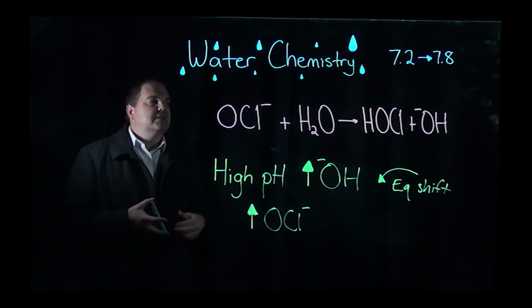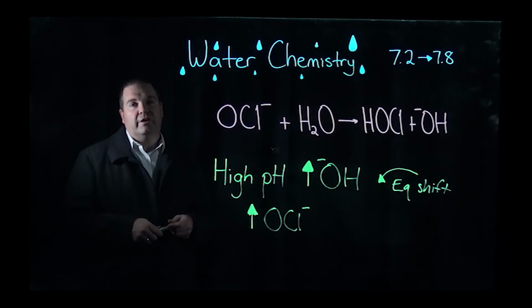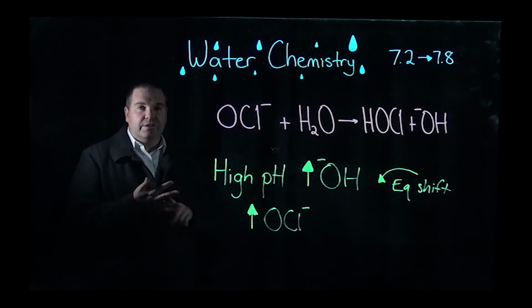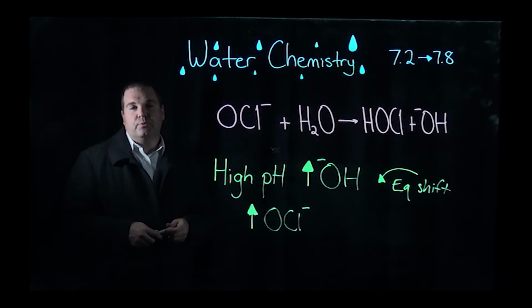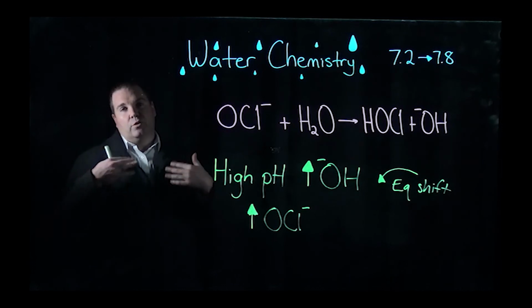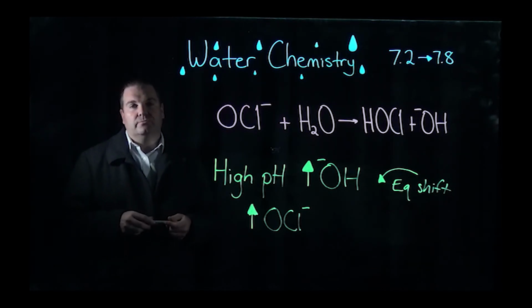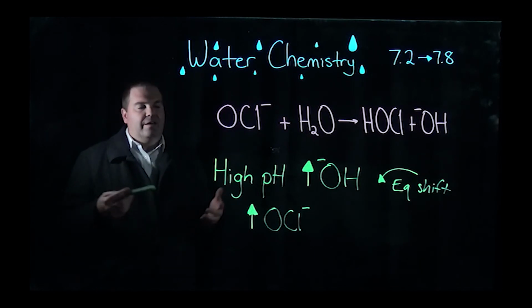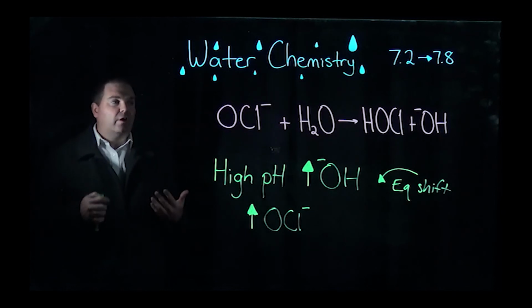But the problem is if you get a pH that's too high or too low one way or the other, you can impact your ability to kill bacteria, and you will also sometimes cause issues within pools. If you've ever been in a swimming pool and you've got red stinging eyes, that's a really good indication that the pH is not right. Also, if you have a pool that's filled with algae, that's a really good example that you don't have enough hypochlorite ions.